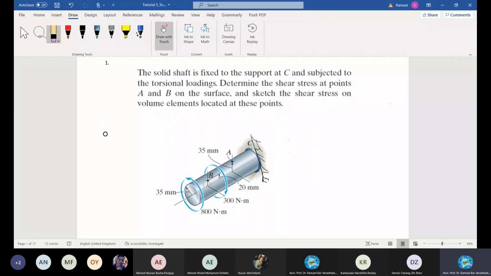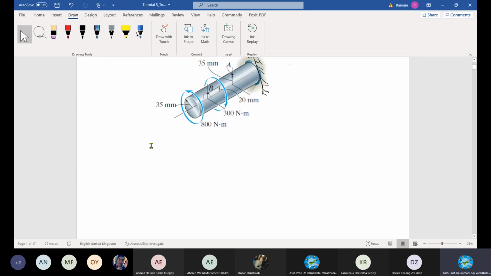Right. Let's move on to the solution. You are going to find out the shear stresses, just a direct substitution only, direct application of the answers for this. Write down the given data if you want, otherwise we just move with the given data.